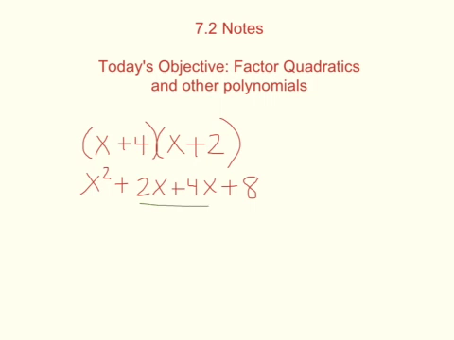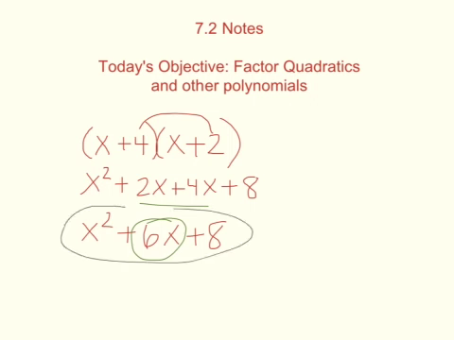So then we get our quadratic equation, which is x squared plus 6x plus 8. So this 4 and 2, which are factors of 8, also add together to give us the middle term 6. So that's important to keep in mind as we go backwards today.